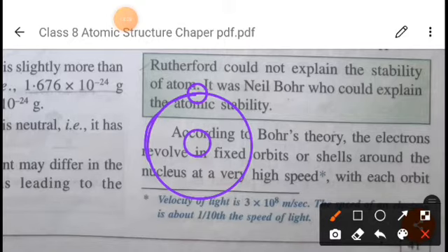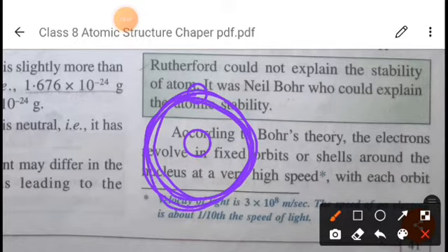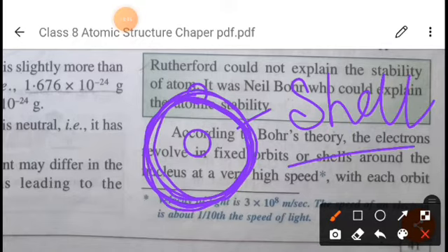Whatever orbit has been granted for them, they move in that fixed orbit, and this fixed orbit in which the electrons are rotating, he gave the name shell. So according to the Bohr theory, the electron revolves in a fixed orbit or shell around the nucleus with a very high speed.